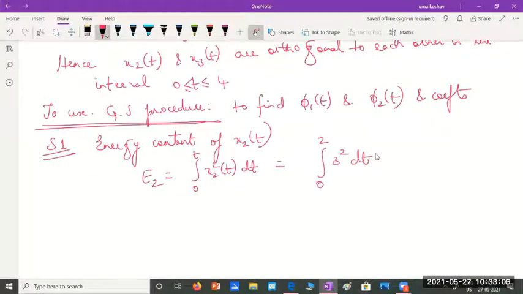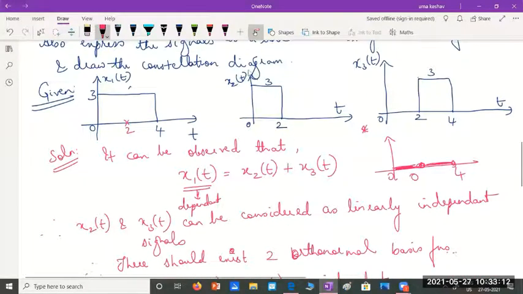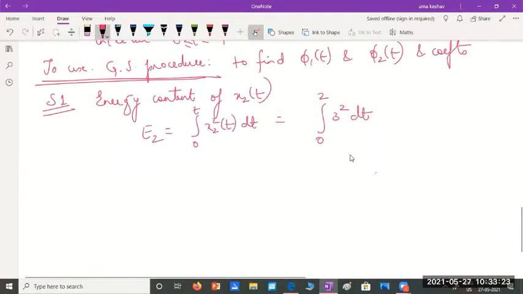In the interval 0 to 2, 3 square dt. That's all. That is the energy in the signal x2 of t. This is the signal x2 of t. Its amplitude is 3. So x2 square of t will be 3 square and the time interval is between 0 to 2. What is this value? Let me just find out.